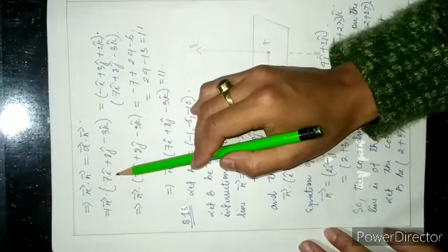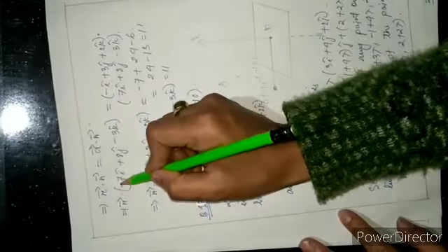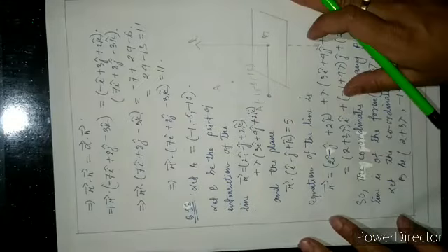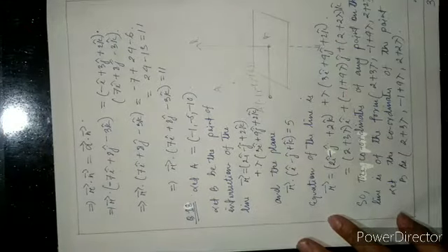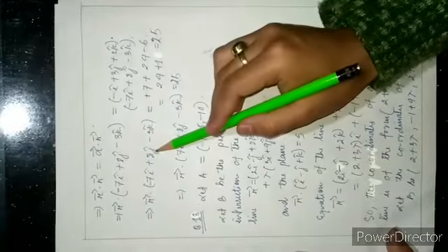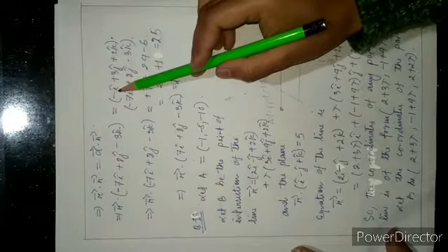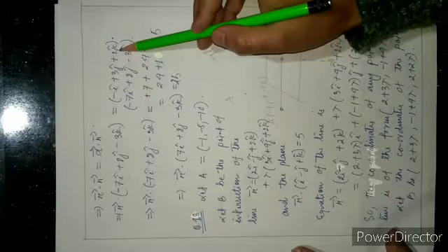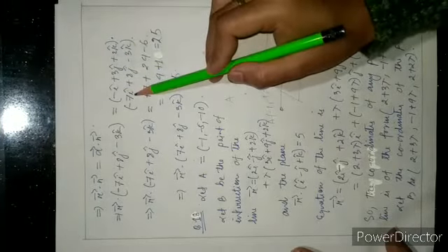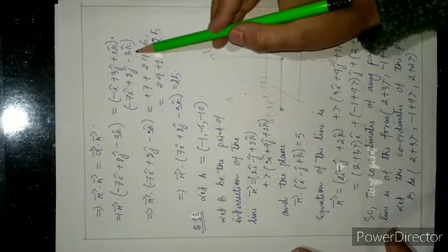The n vector components are -7i cap + 8j cap - 3k cap. So r vector dot (-7i cap + 8j cap - 3k cap) is equal to a vector dot n vector. The components of a are -i cap + 3j cap + 2k cap, dotted with -7i cap + 8j cap - 3k cap.